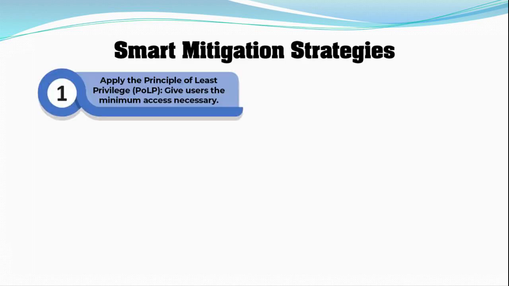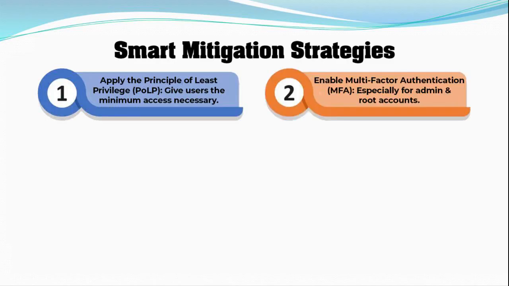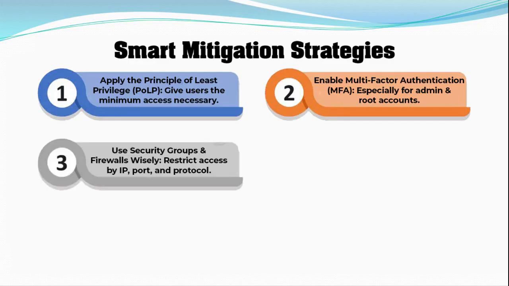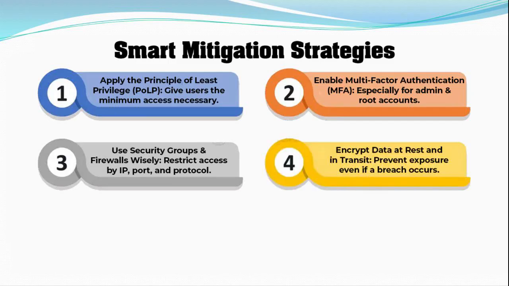1. Apply the principle of least privilege, POLP: give users the minimum access necessary. 2. Enable multi-factor authentication, MFA, especially for admin and root accounts. 3. Use security groups and firewalls wisely: restrict access by IP, port, and protocol. 4.